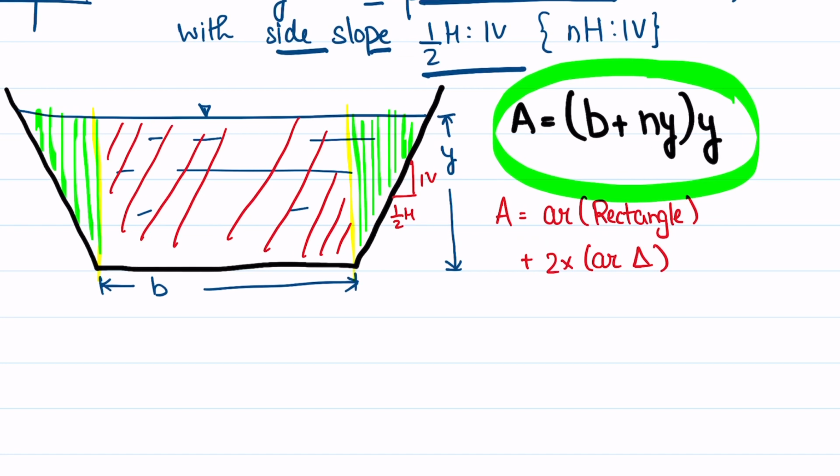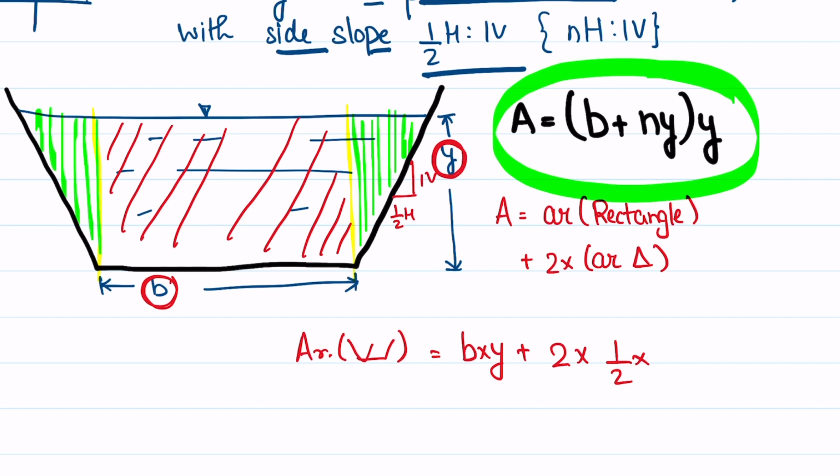Okay, so the area of this trapezoidal channel section: area of rectangle is b into y, plus twice of half into the base of the triangle.